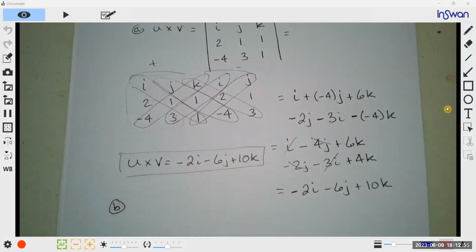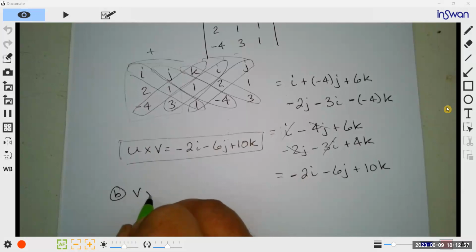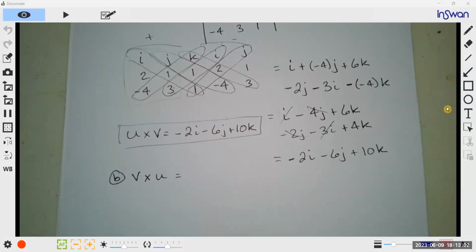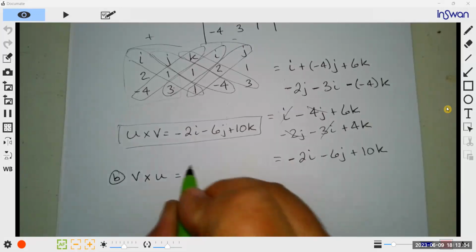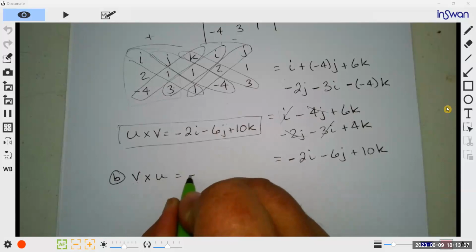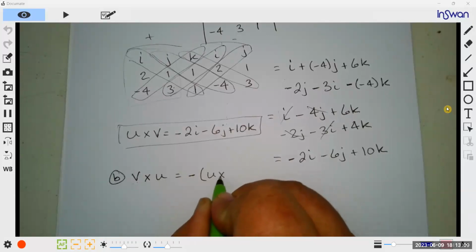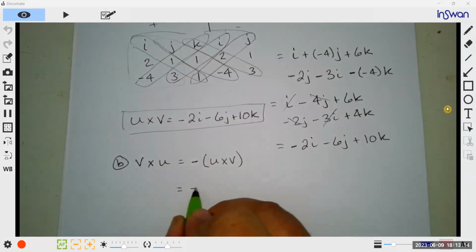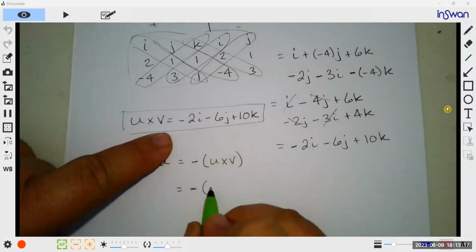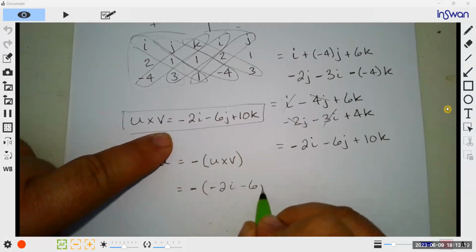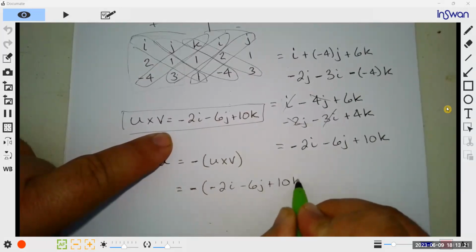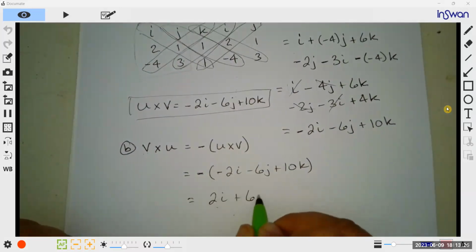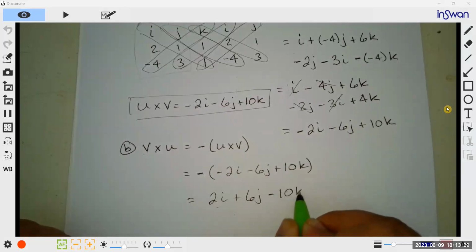To find b, v cross u. Well, remember the rules we had earlier, the properties. Since we reversed them, this is actually the negative of u cross v. So we take the negative of negative 2i minus 6j plus 10k, which makes it positive 2i, positive 6j minus 10k.